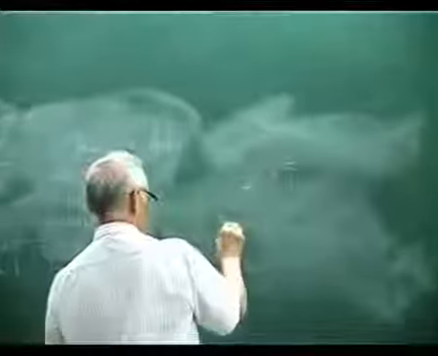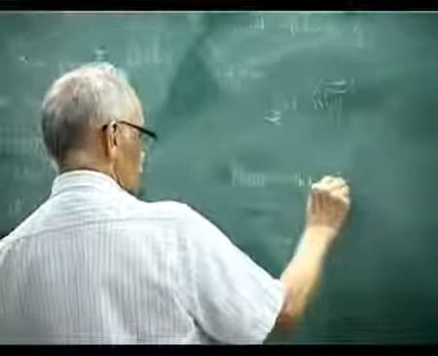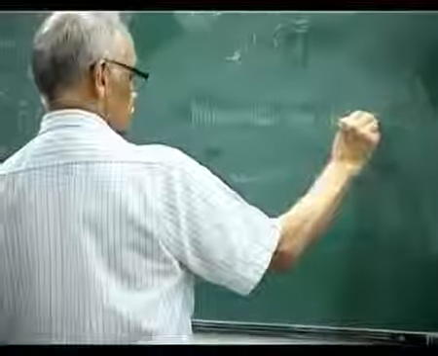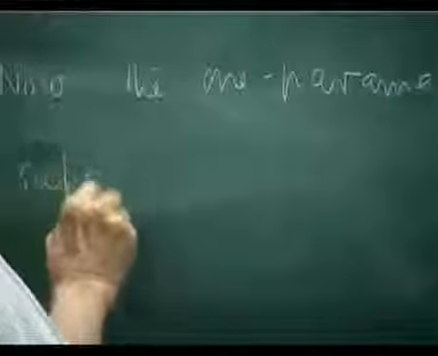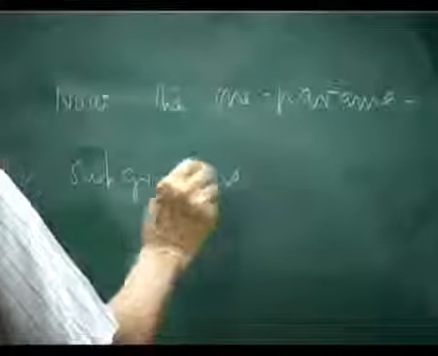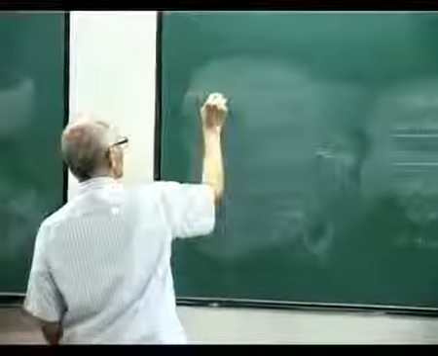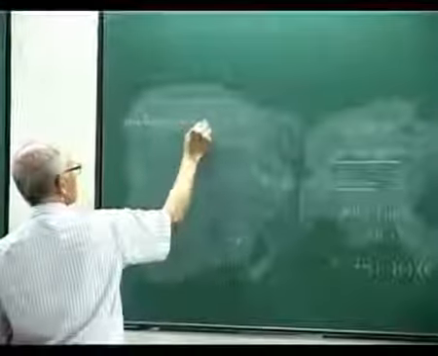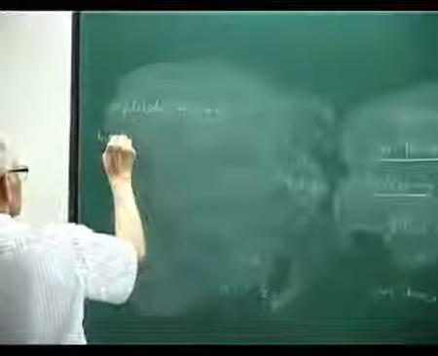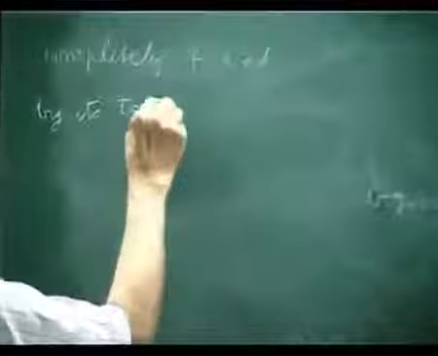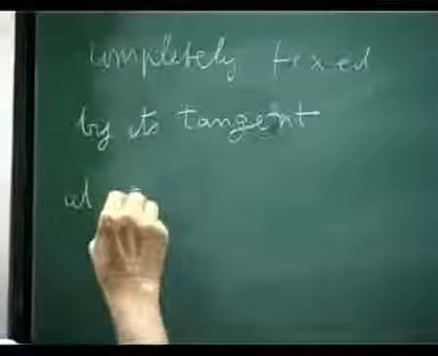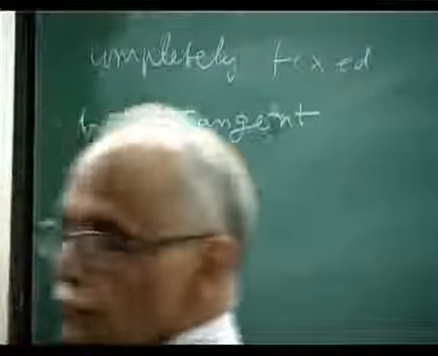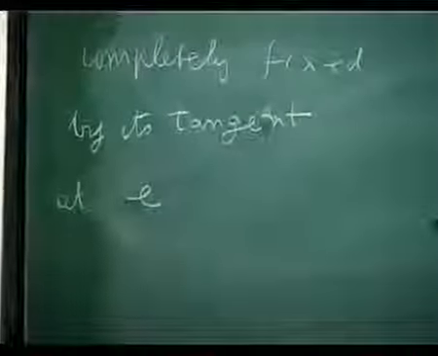Now, the one parameter subgroup is completely fixed by its tangent at the origin, at E. It's almost clear because I will take off from there in the direction of the tangent.